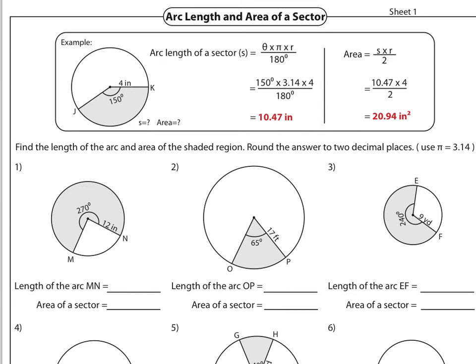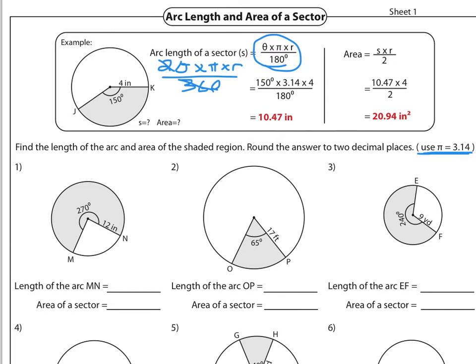So here, you're doing theta, your angle, times pi times the radius over 180, where actually you could do 2 theta times pi times r over 360. That's what we're used to using, but all they did is reduce this to 180. So it's just a reduction of 180, no big deal. Then you just plug all your stuff in. They asked you to use 3.14 for pi, so we're going to put pi in this time.